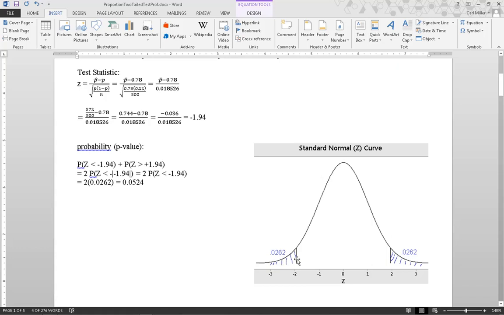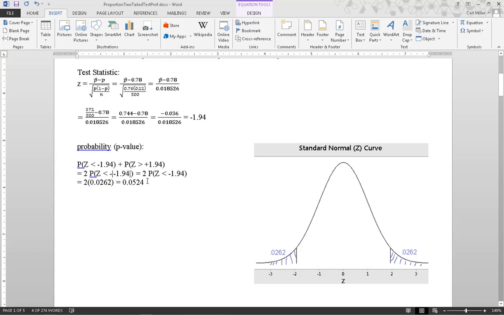So I would mark off negative 1.94 and find the area to the left of it, plus positive 1.94 and the area to the right of it, and put those two together. In doing that, I really am just doubling the area to the left of negative 1.94. You can think of it that way.